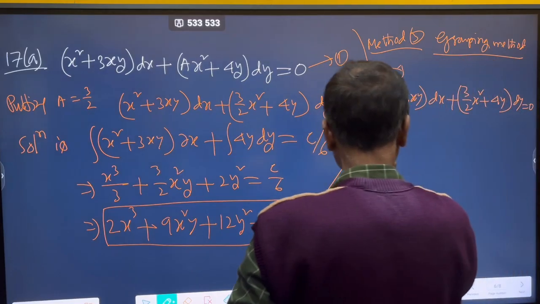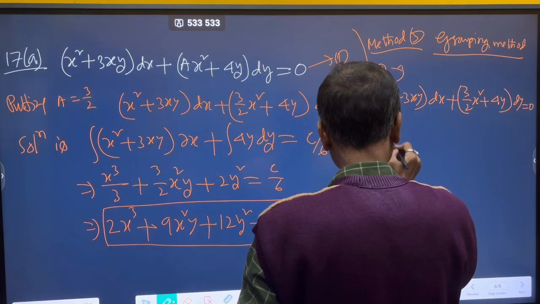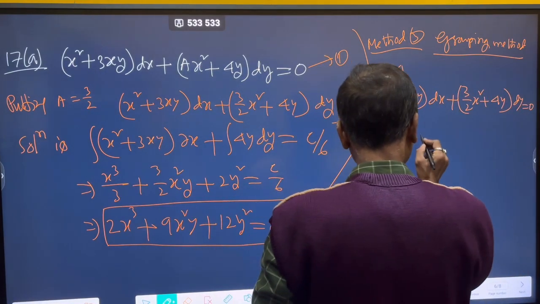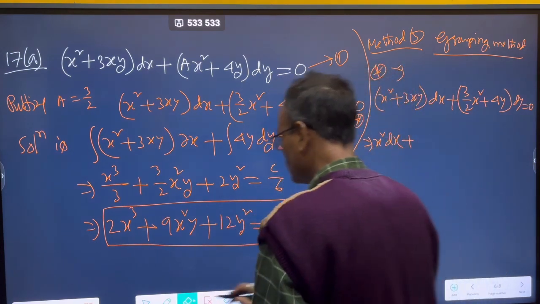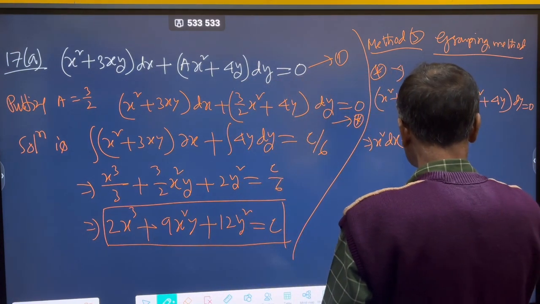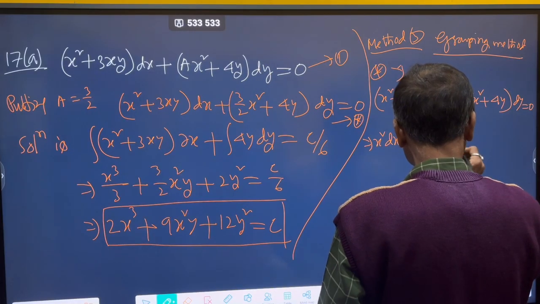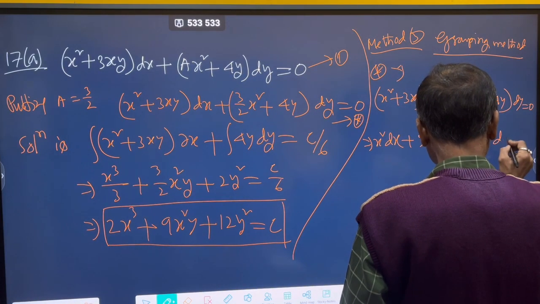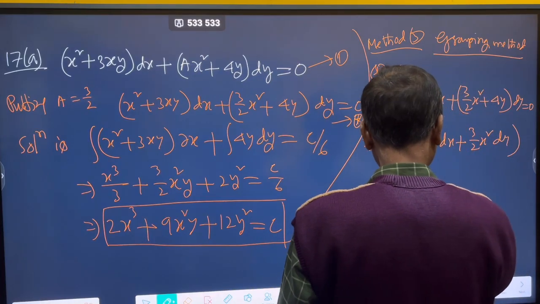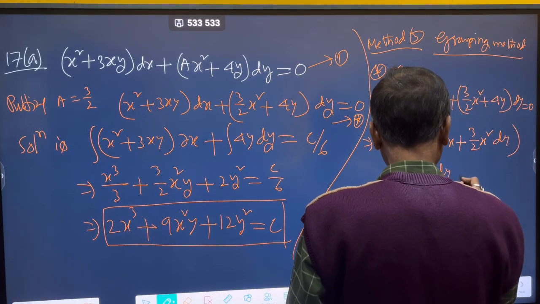Group x square dx, no problem here. Now x square dx, thrice xy dx plus 3 by 2 x square dy, group this, plus 4y dy equal to 0.